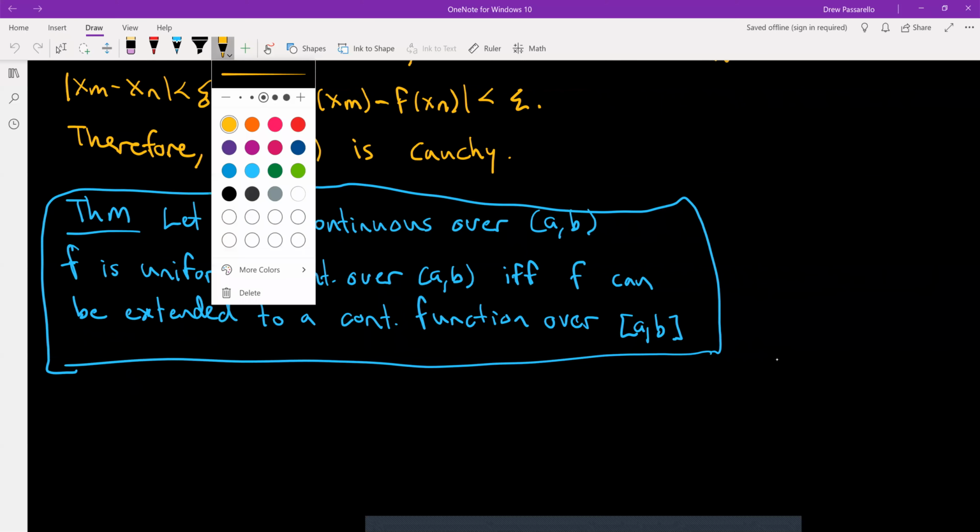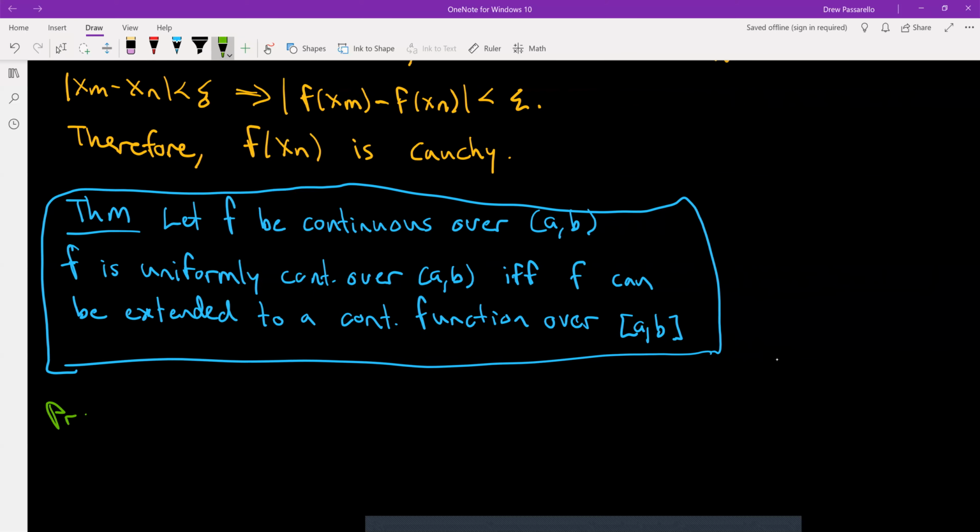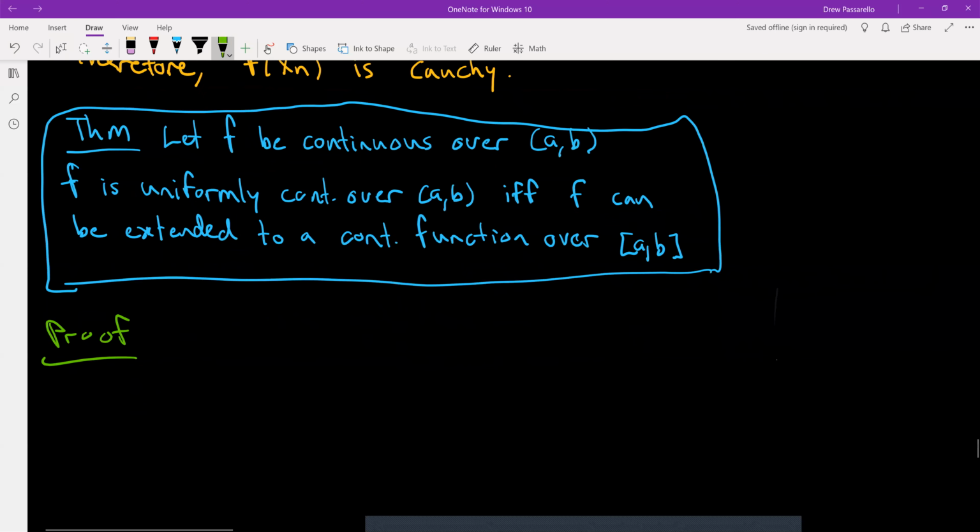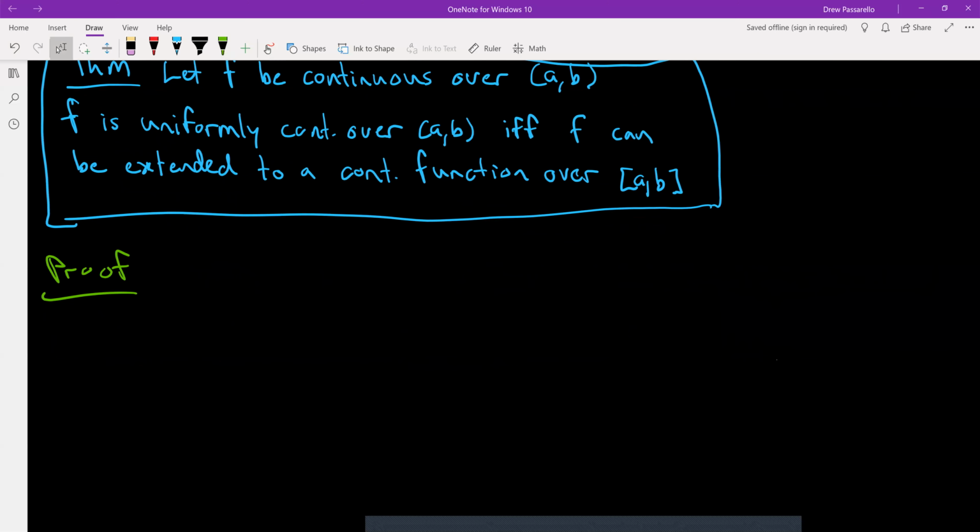All right, so the proof. So this backwards direction, I'll do that first.